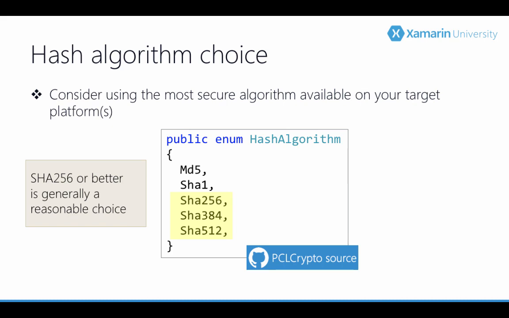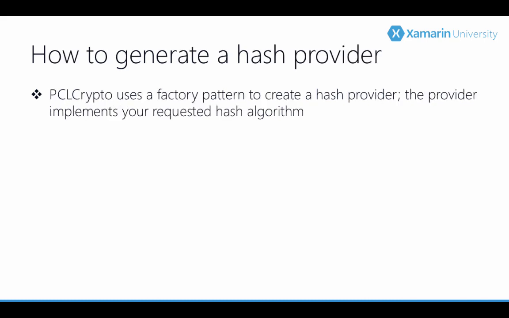This includes SHA-256, SHA-384, and SHA-512. Currently, the industry considers SHA-256 or better to be a very reasonable choice for hashing. If you're protecting highly privileged information, it would be wise to consult with a security expert and talk about what level of security should be used. But for our casual purposes, we're generally happy with SHA-2 algorithms.